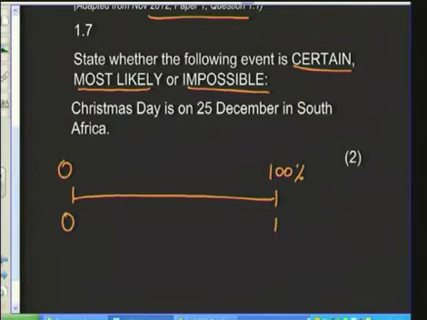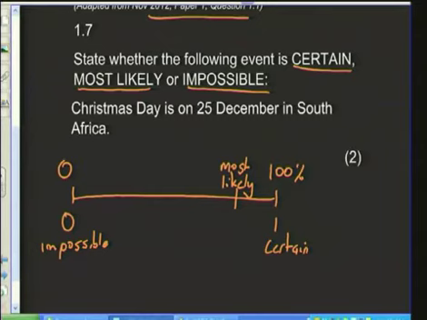Impossible would be 0. Certain will be 100% or 1. And most likely will be somewhere close to 100%. You know, even odds would be in the middle.